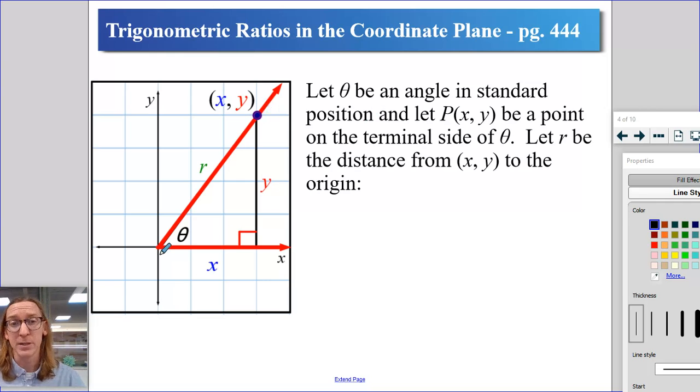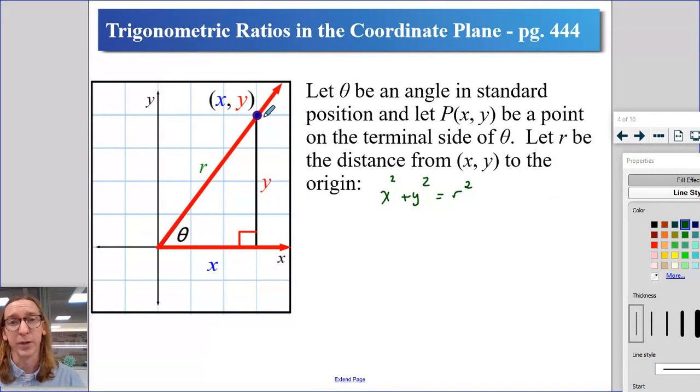Well, when I had numbers, I could use the Pythagorean theorem to find this distance. And when I have variables, I can still use the Pythagorean theorem. The distance from this point to the origin can be thought of as x squared plus y squared. That would be equal to this distance r squared. It's the Pythagorean theorem with these variables in place.